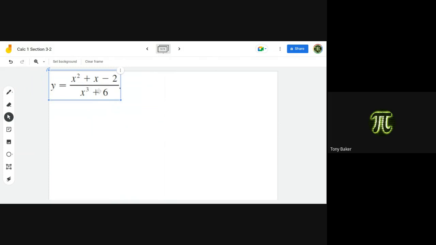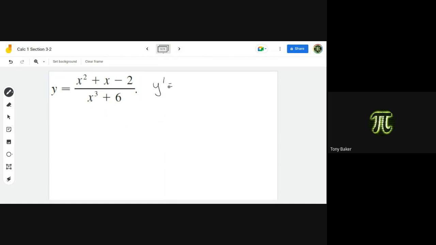All right, so let's look at this one. So, first step, just like we've been doing for the product rule. Find me my f, and my f prime, my g, and my g prime.